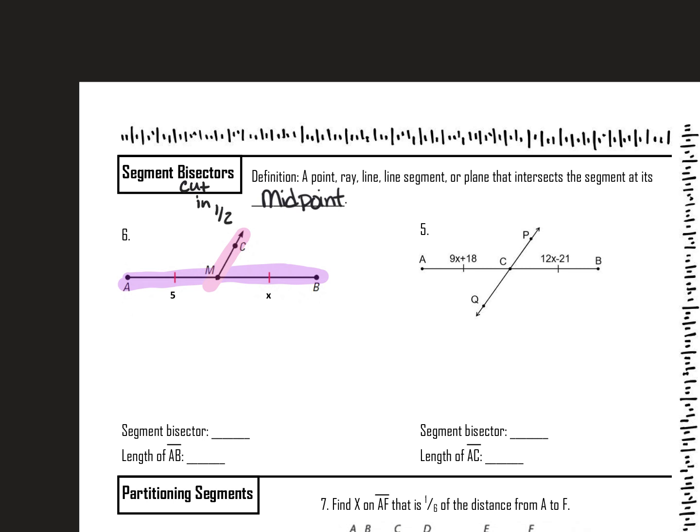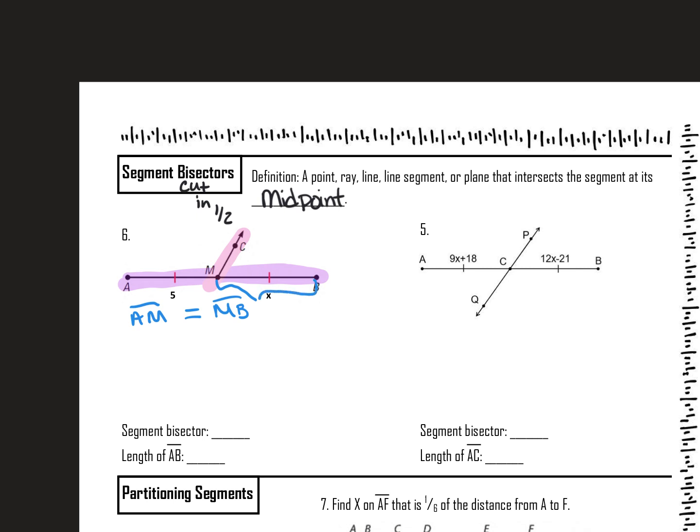All right. Segment AB. Therefore, what we should be able to understand is that from A to M is going to be equal to M to B because those segments are equal. So let us go ahead and solve for what segment MB is equal to here.